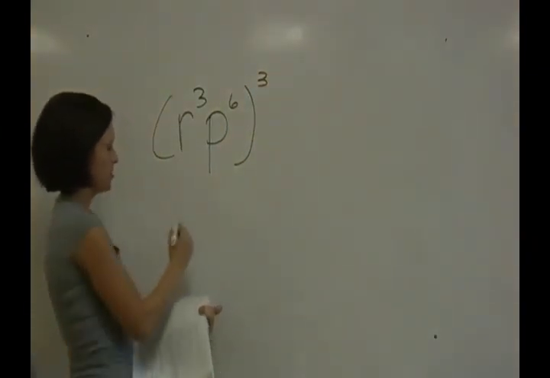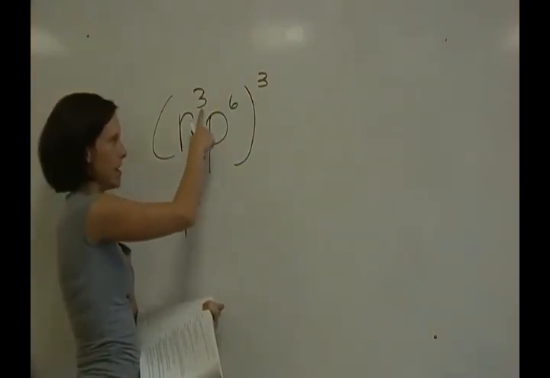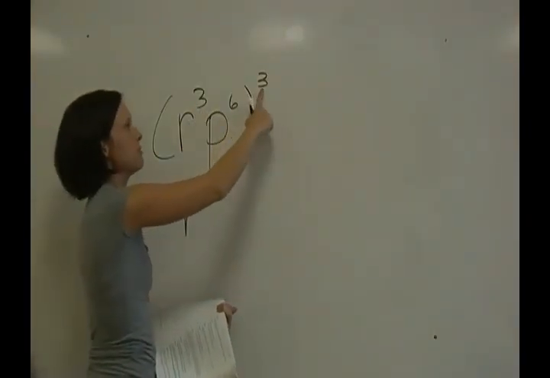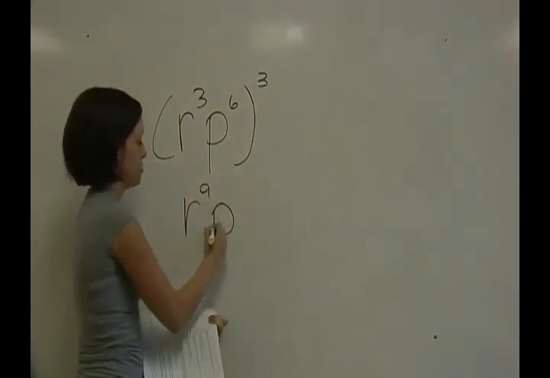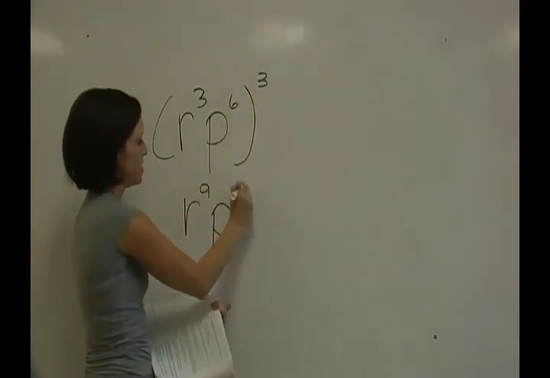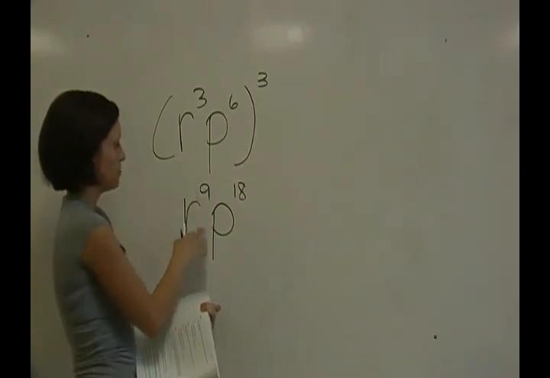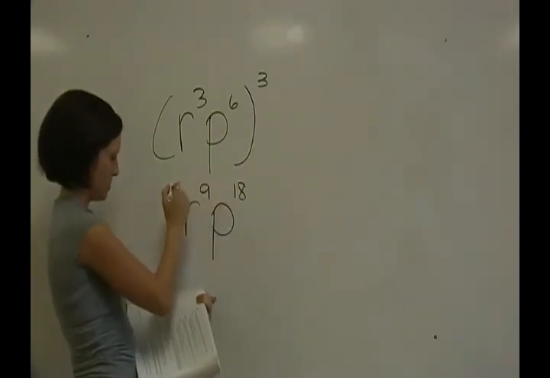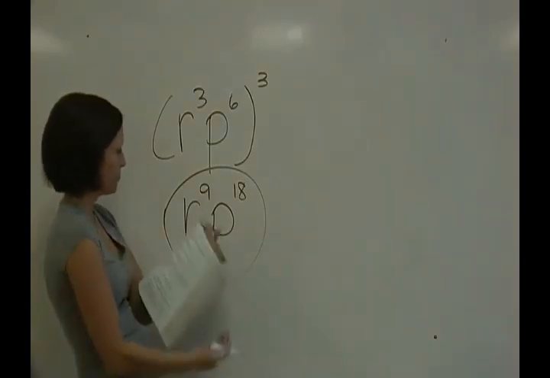So all you do is write your base. Knowing our laws, you multiply your exponents. So you have 3 times 3, which is 9. And you have, bring your p down, and you have 6 times 3, which is 18. So now you have your answer. R to the 9th, p to the 18th. Pretty simple. That is selection A.